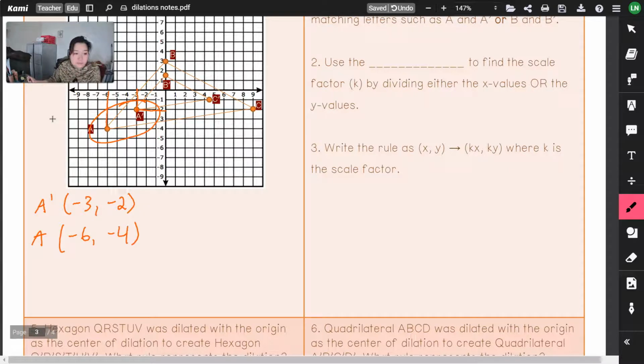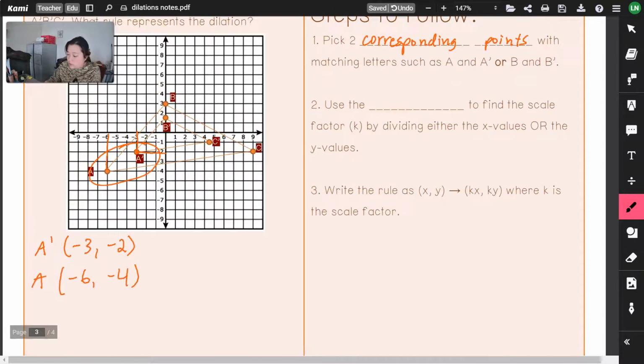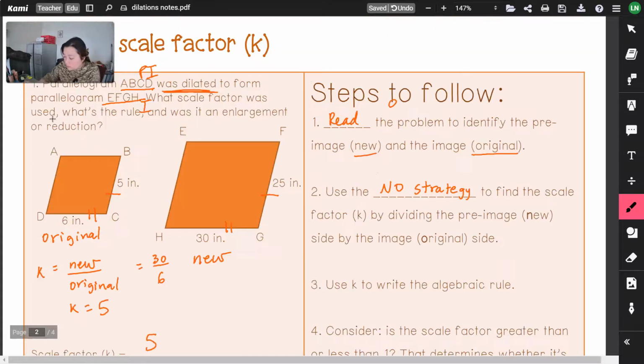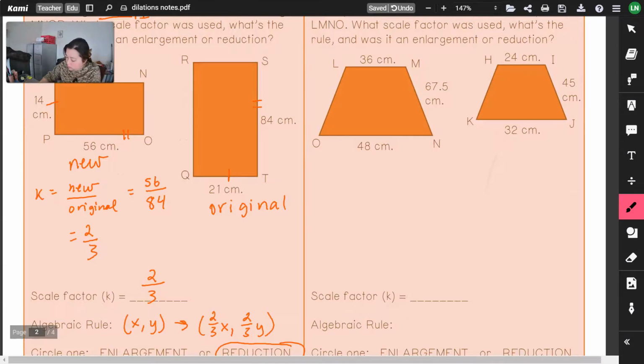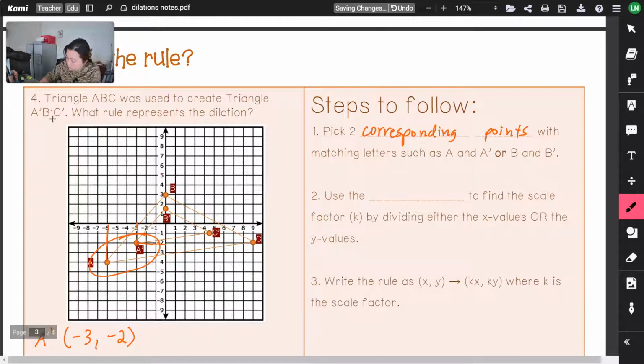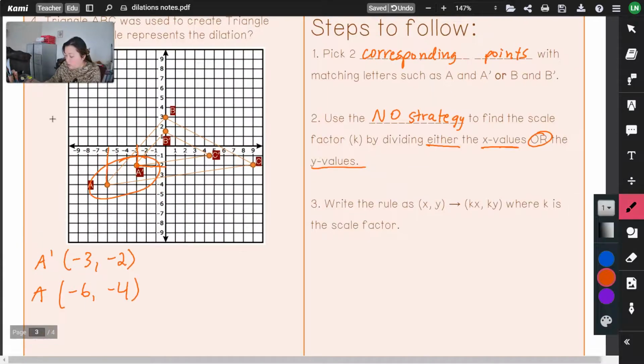So step 2 is we are going to use the NEW over OLD strategy, same as earlier, to find the scale factor by dividing either the x values or the y values. We do not do both, because you're going to get the same number anyway. This is x, this is y. I'm just going to choose y because I feel like it's easier to deal with.